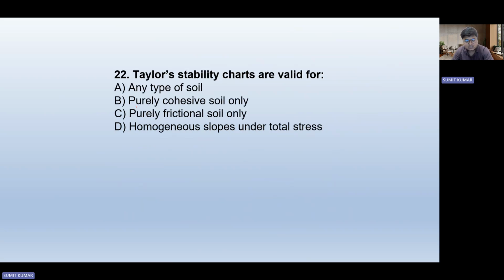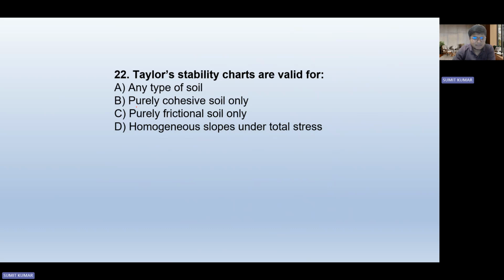Next is the question related to the Taylor stability number, which we have read about. The Taylor stability number Ns is c by gamma H, or c by gamma H F.O.S., depending upon what we want to calculate. The Taylor stability charts are valid for any type of soil, purely cohesive only, purely frictional only, or a homogeneous slope under total stress.